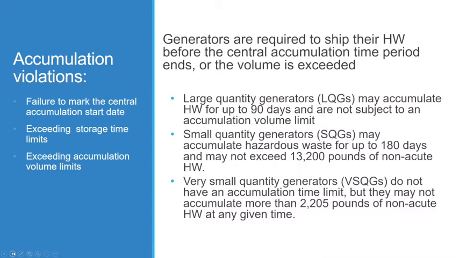And then, of course, the very small quantity generators, they don't really have an accumulation time, but they have an accumulation amount, and their requirements are even less. So you really need to know where you fall based on your accumulation of waste per month, and it is per calendar month. So you sort of need to be tracking what you're doing as you go along through the year and make sure you stay in your category.